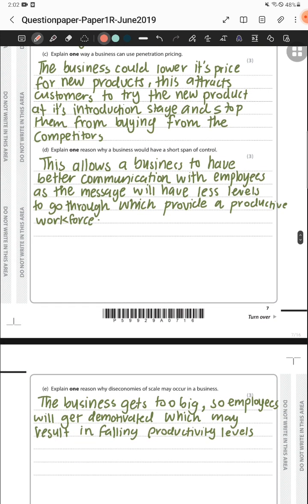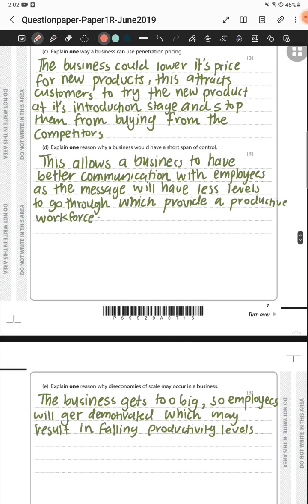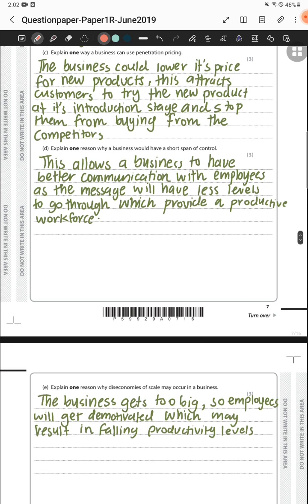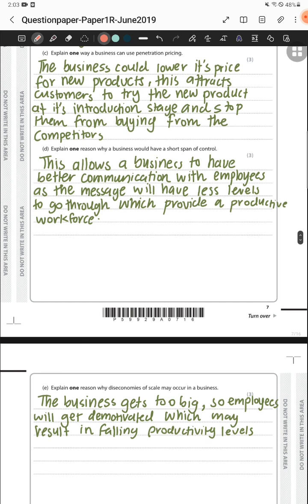Okay, part D of question 2. Explain one reason why a business would have a short span of control. Okay, this allows a business to have better communication with employees, as the message will have fewer levels to go through, which provides a productive workforce. A long span of control is not that effective.